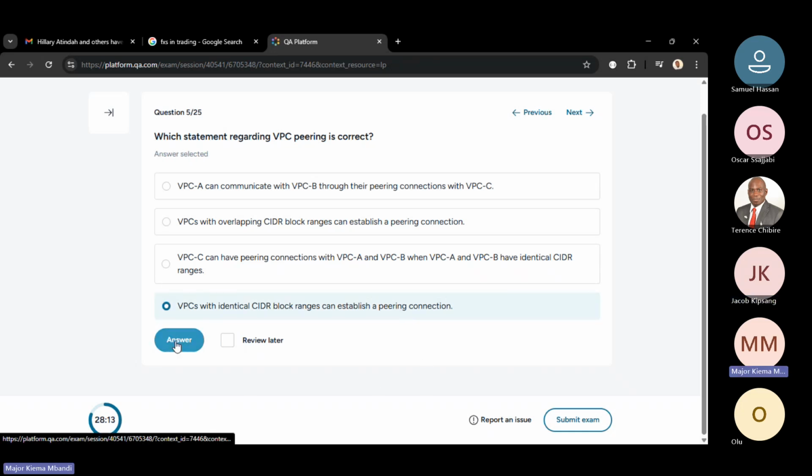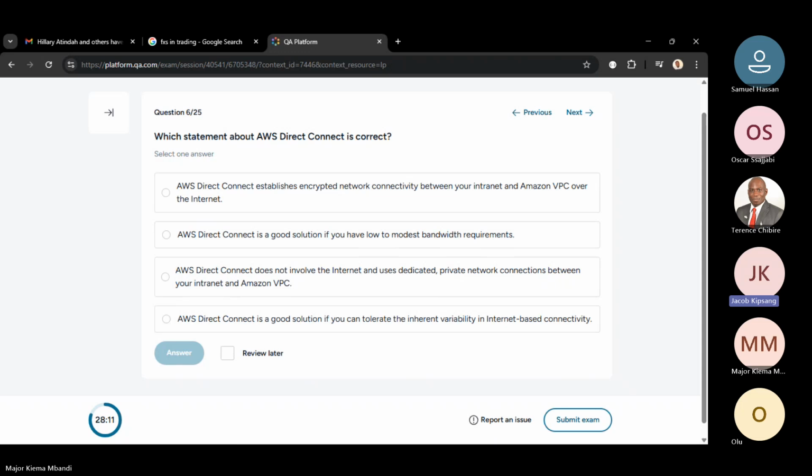Okay, we move. Sam, if you're in agreement, you can read the next question. Which statement about AWS Direct Connect is correct? A. Direct Connect establishes encrypted network connectivity between your intranet and Amazon VPC over the internet.